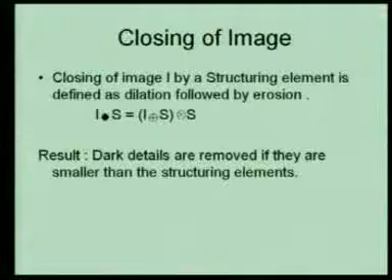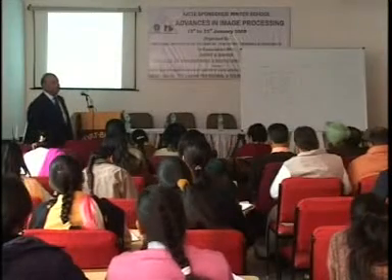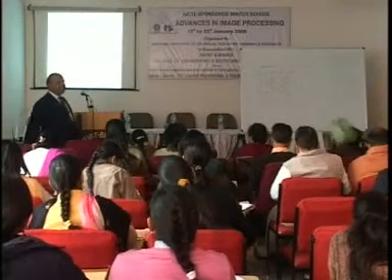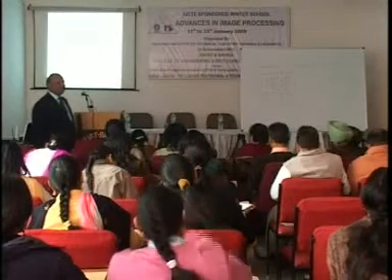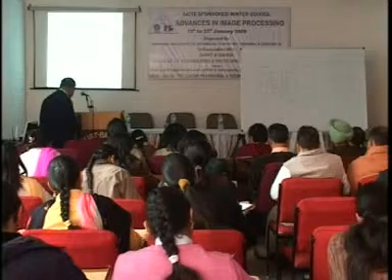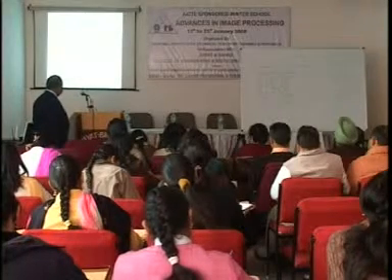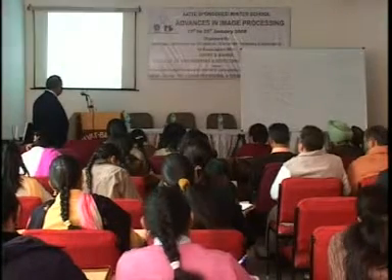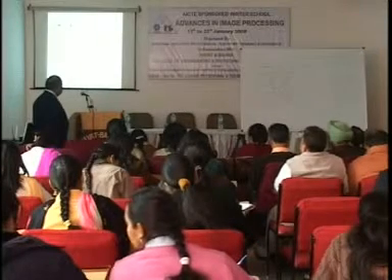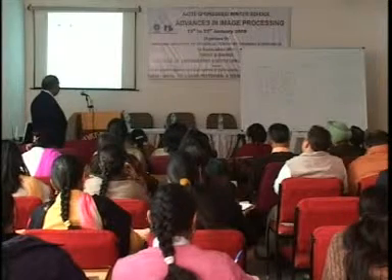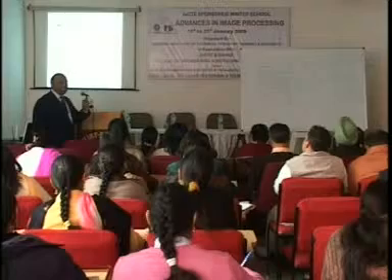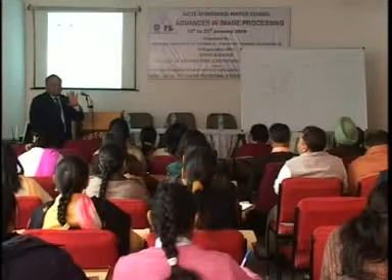Now closing of an image is the reverse of that. Dilation followed by erosion. First I dilate, then I erode. Let us see what happens. When I dilate with the structuring element, I am increasing the white area.